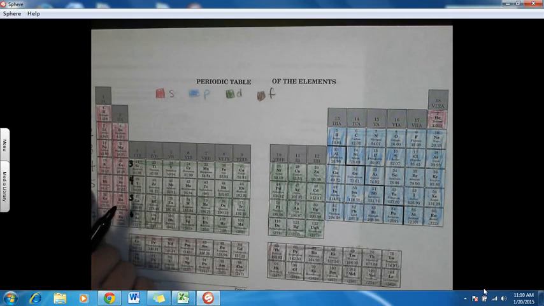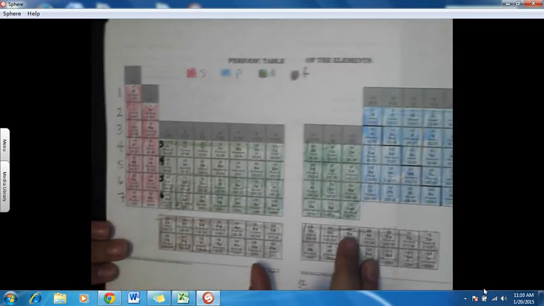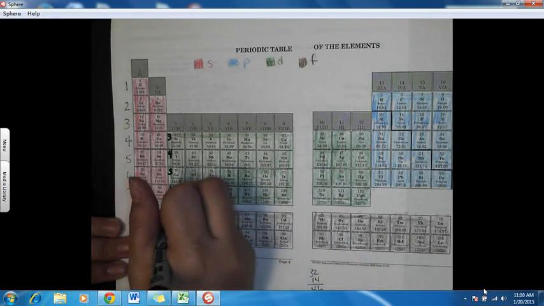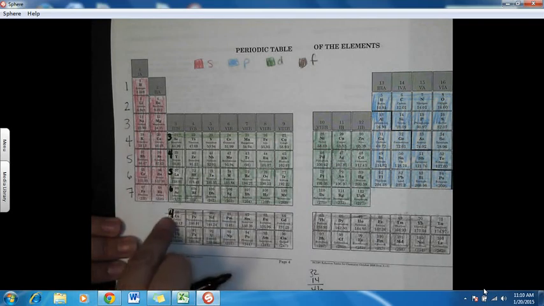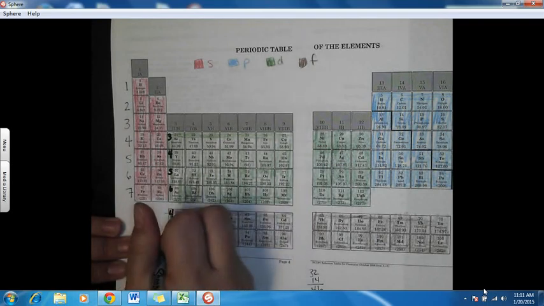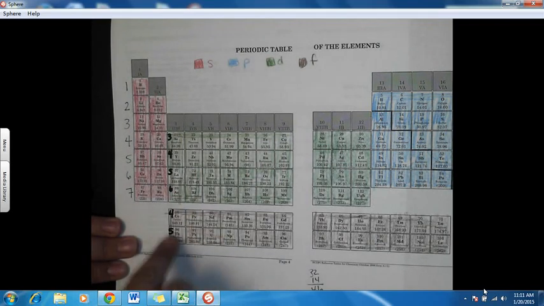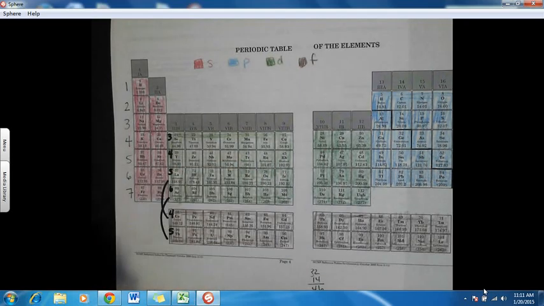Likewise, 5S, 4D, 5P. And then F's, like the D's, have so much more energy that they actually fill 2 periods later. So the first row, which fits right here, in that 6th period is actually the 4th energy level, and the second one, which fits in right here, is actually the 5th. So again, these two fit in right there.